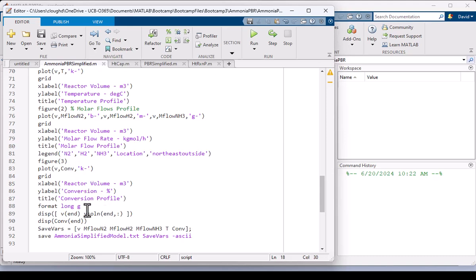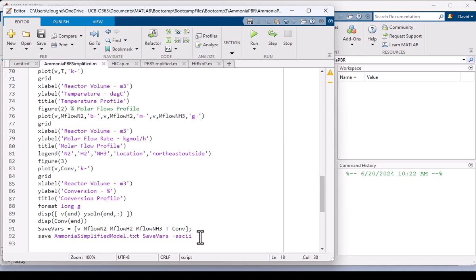At the end we save the solution in a text file for use later on, and you'll see how we use that. So that is the nature of the code that completes our model.